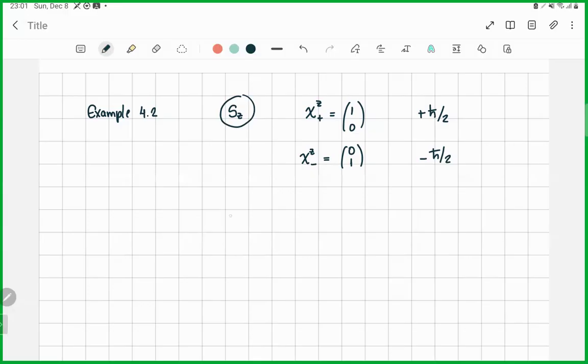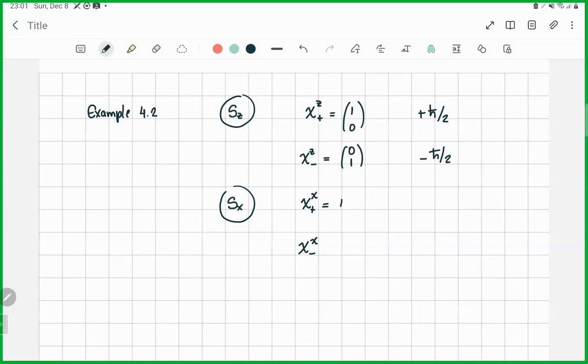For the SX, I'm going to assume that we already found these eigenvectors. There is another video for that, but let's assume that we already have. And these are the chi plus, but for the x, and the chi minus for the x. And what are these eigenvectors written in the basis of Z?